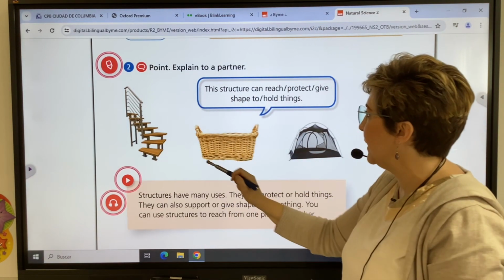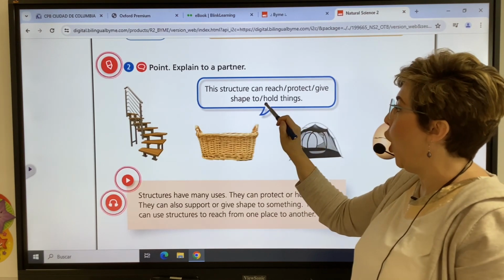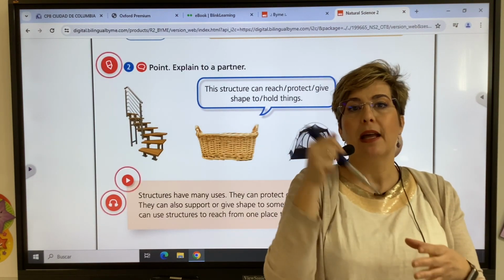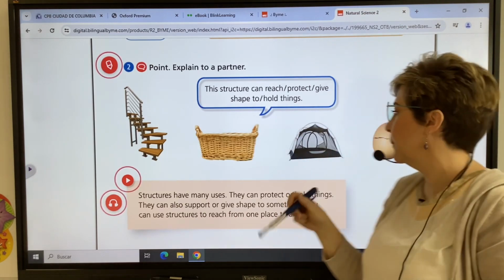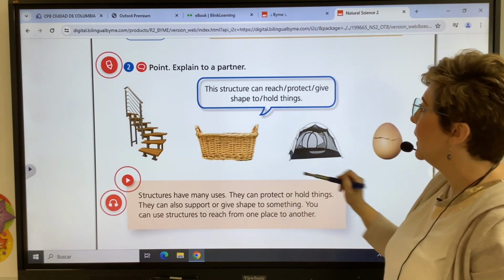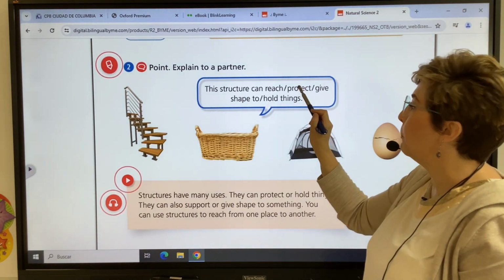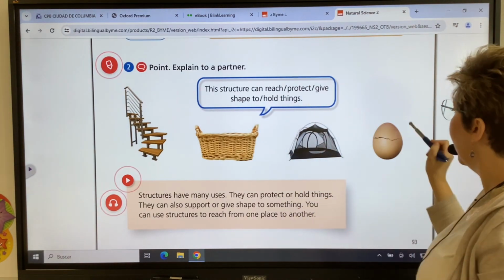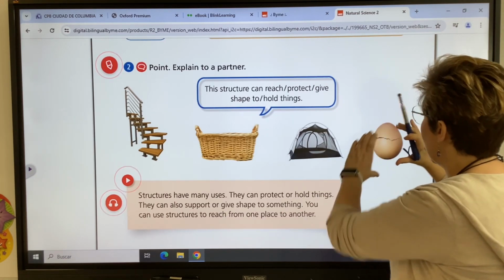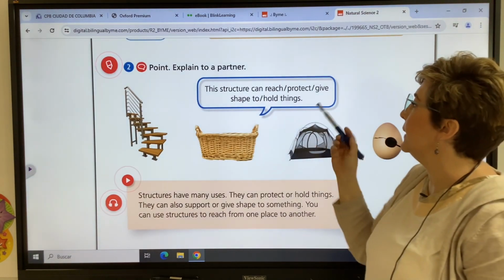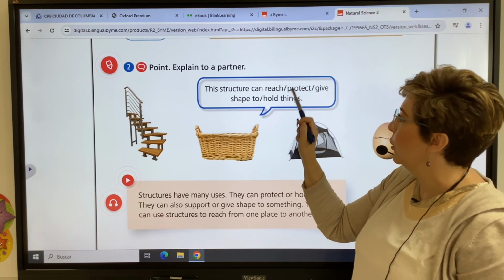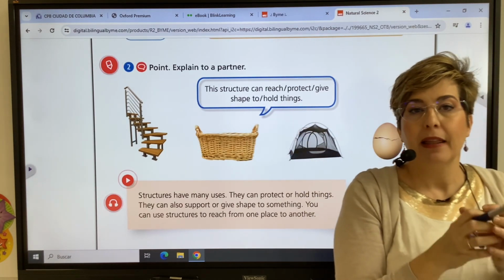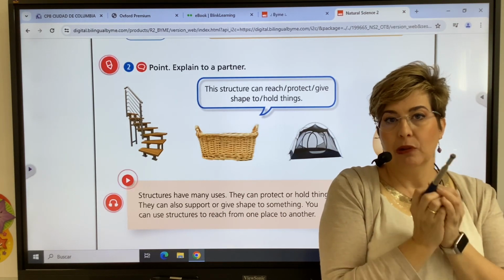We use a basket to hold things. So a basket holds things inside. A tent is usually for protection. And an eggshell, we could say, is for protection or to hold or to contain the egg. Could be both.